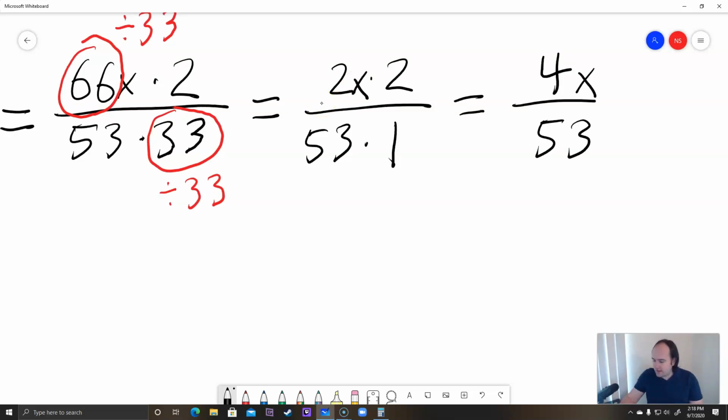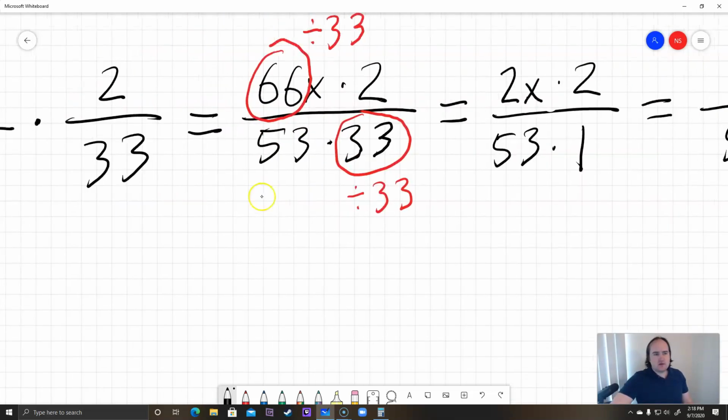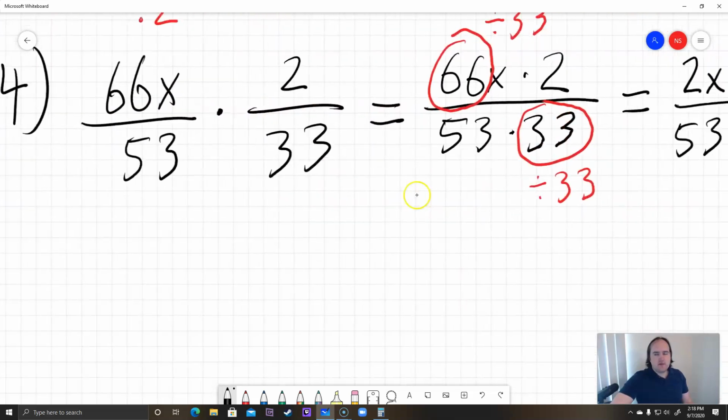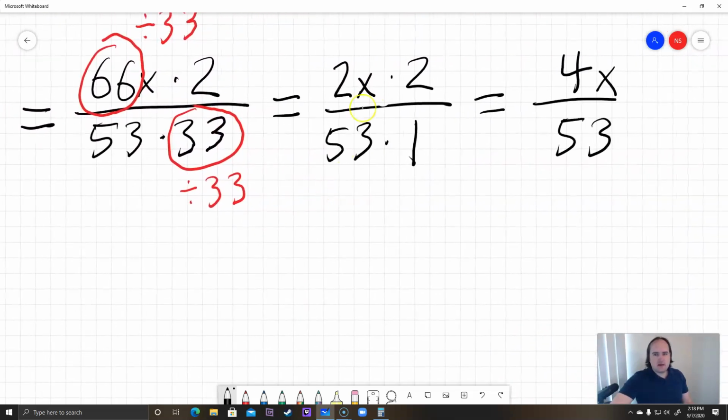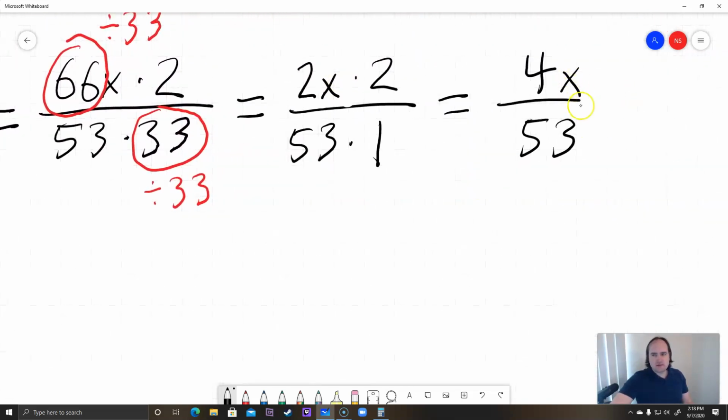I almost forgot about it. It's easy to forget about it, but I just remembered, so we're good. Okay? So because there was an x in the original numerator, there needs to be an x in every single numerator, including your last one. Okay, so instead of our answer being 4 over 53, it's actually 4x over 53.